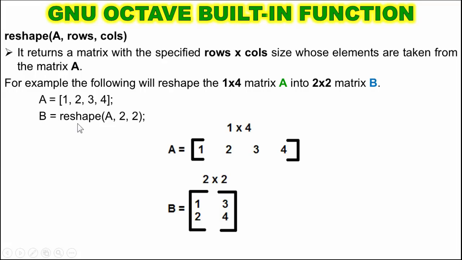We pass the first argument, the matrix, the second argument, the number of rows, and finally the last argument, the number of columns. It will transform this 1 by 4 matrix into a 2 by 2 matrix.